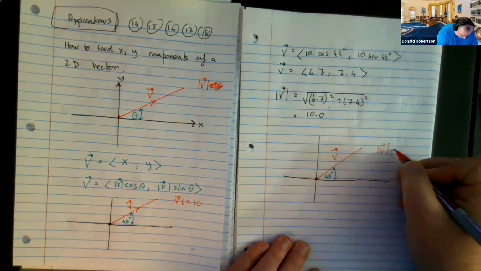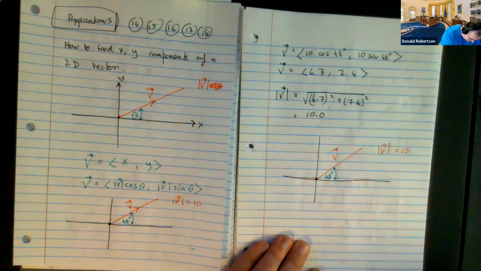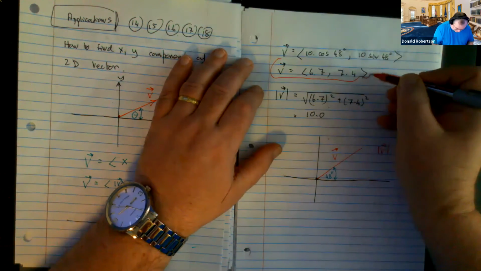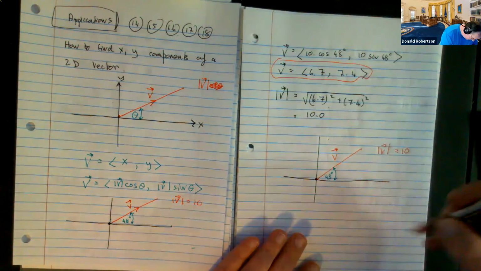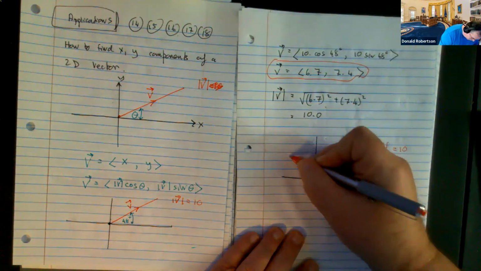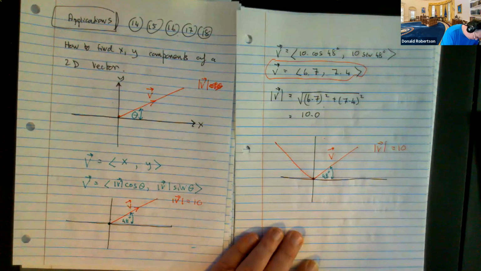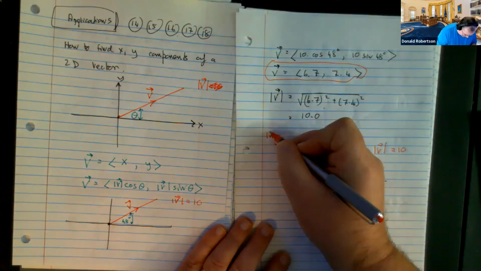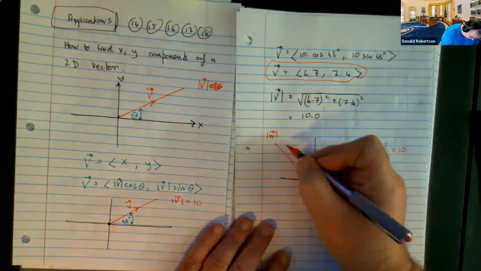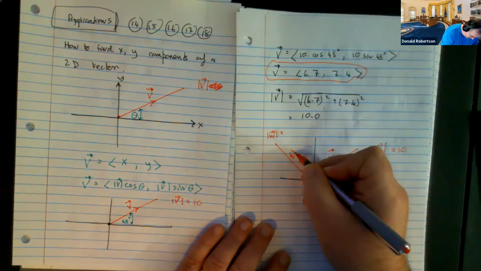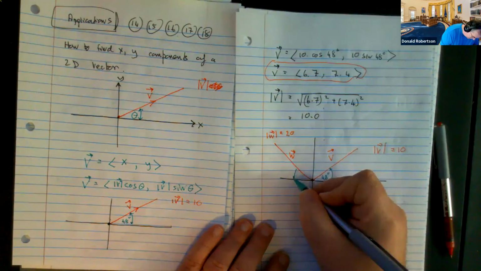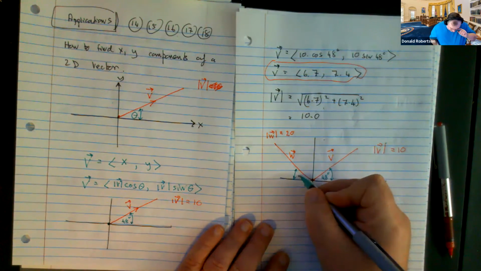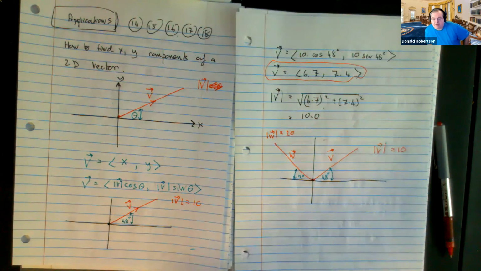Well, we already know what V is. I've calculated that. And then there's a second tugboat over here, and I'm going to call that second tugboat W. The magnitude of this is 20, and the angle that it makes here is 12 degrees. And we're going to be combining these two vectors together.